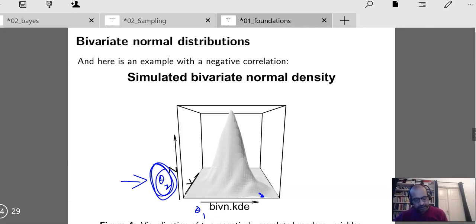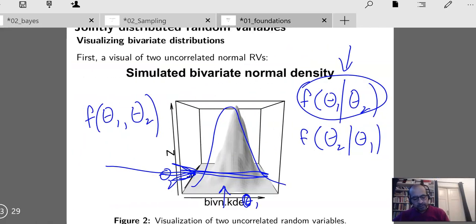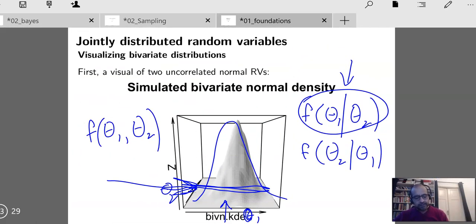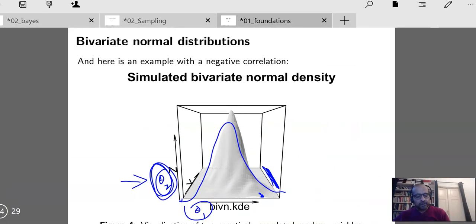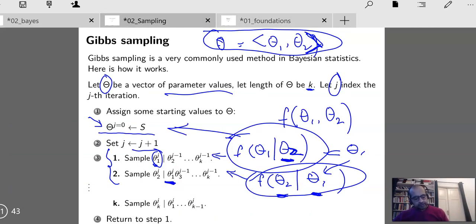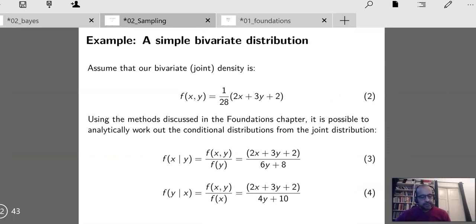Similarly, if I keep walking up and down the theta 2 parameter's range and get a sample from the conditional distribution for theta 1, given different values of theta 2, I will eventually get the distribution corresponding to theta 1. So that's how I end up with samples in Gibbs sampling from the conditional distributions.